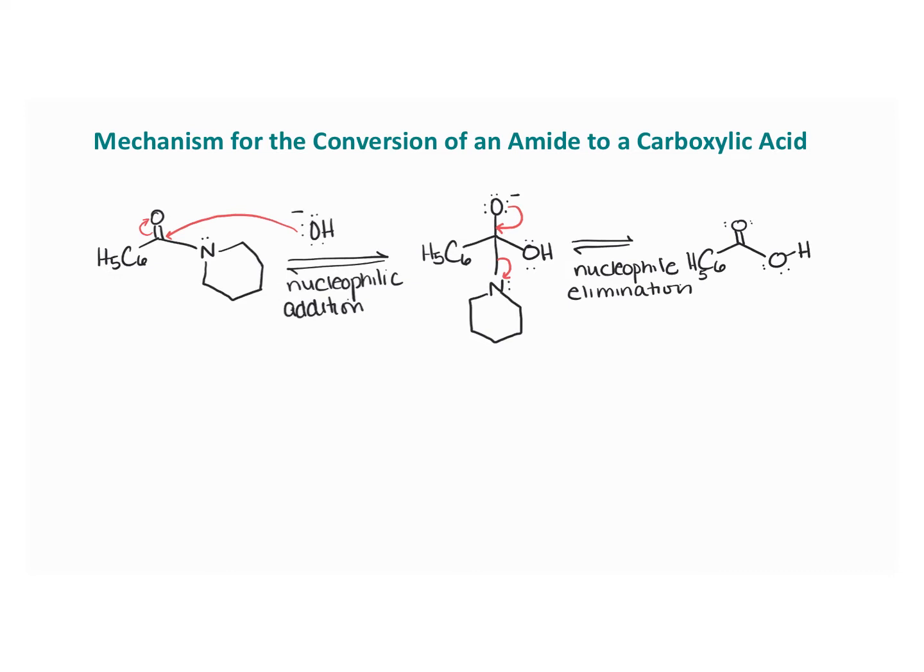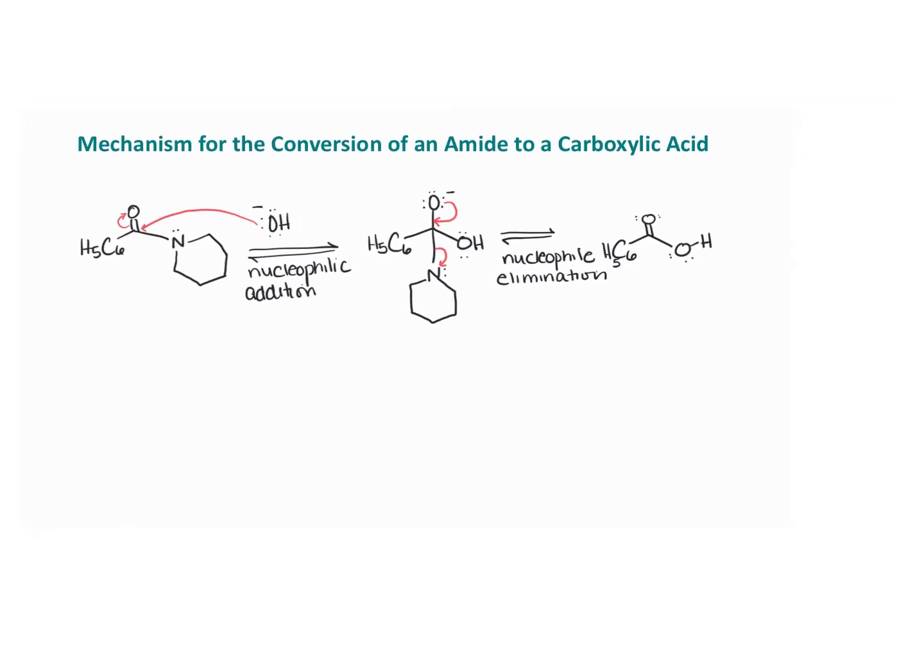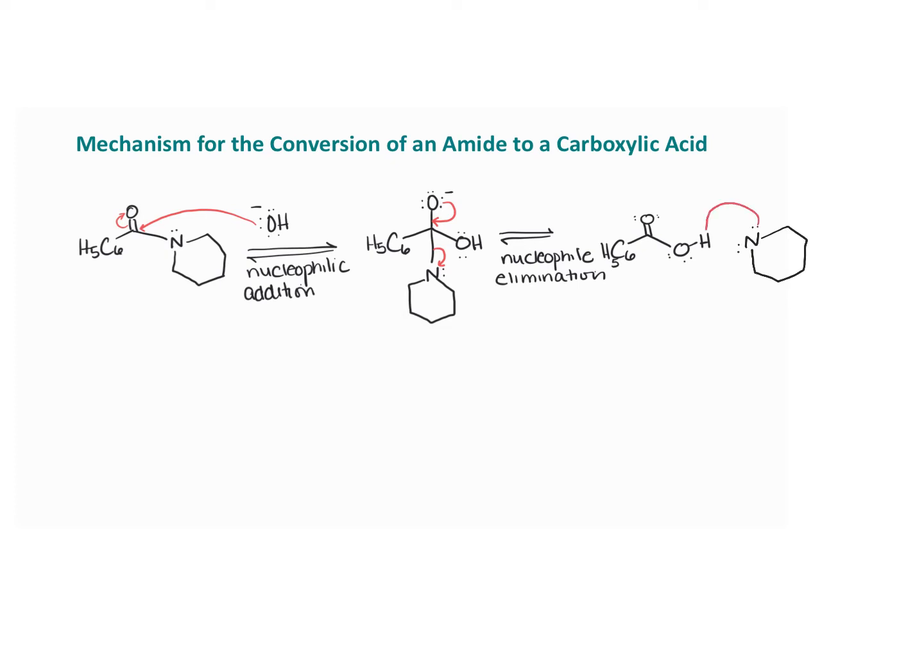Now, the reaction's unfavorable to this point. And then what happens is we end up with an irreversible proton transfer that helps favor the products. And what happens here is this base that we've already made and is floating around is going to come here and steal that proton.